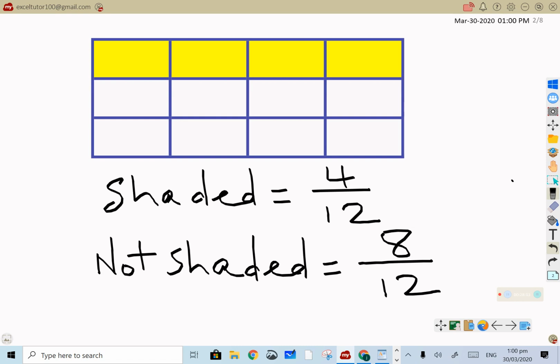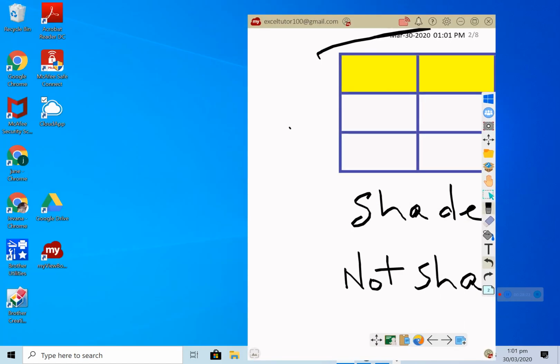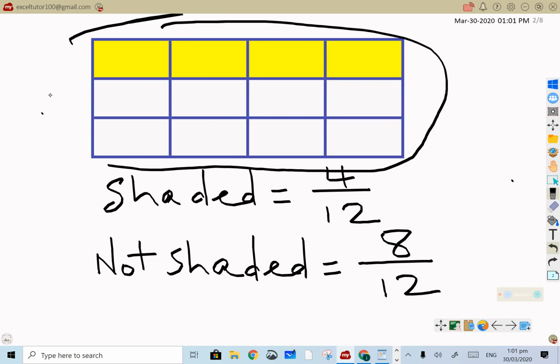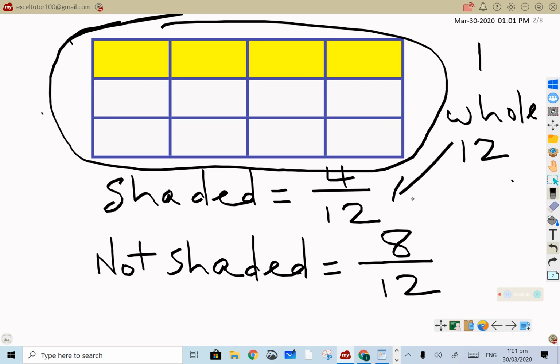Okay, we have the shaded part. Now again we're going back to our original concept. This whole diagram here is 1, which is a whole, which is also 12 parts. So the 12 parts or the whole is always the denominator.